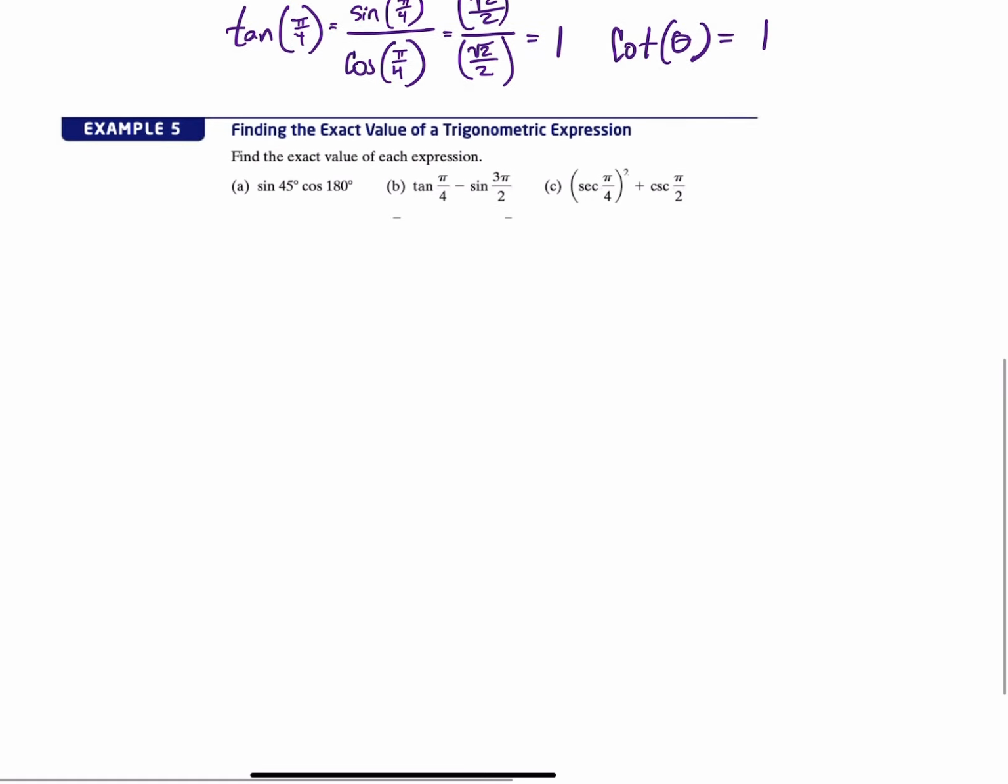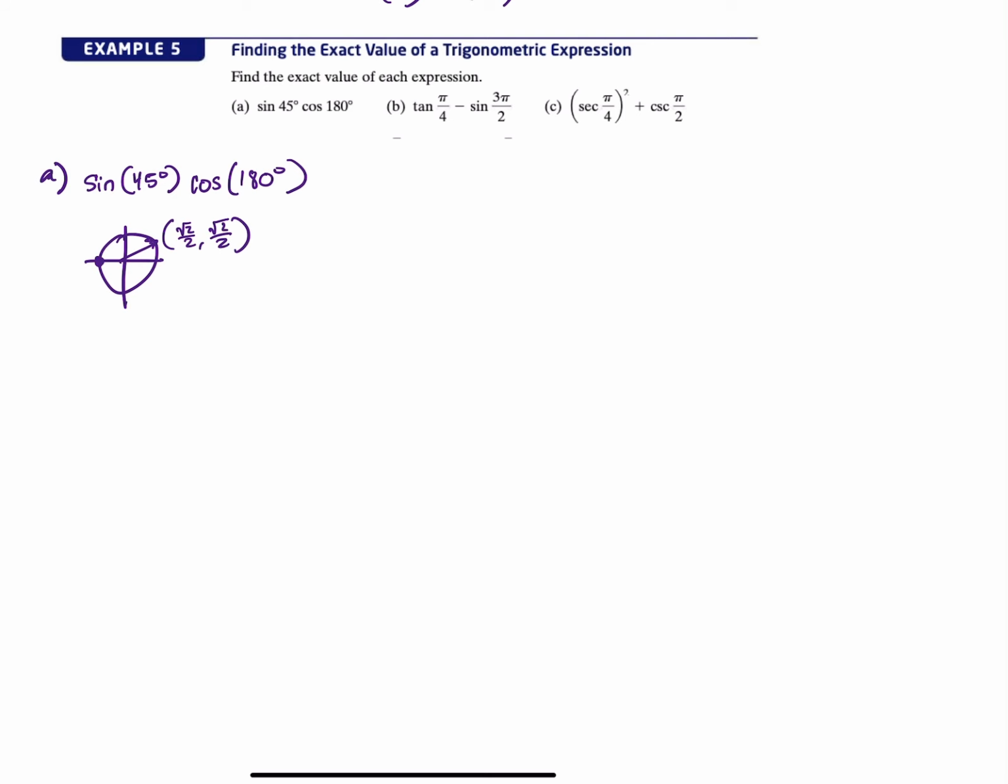All right, now let's mix a few things together. So this is example 5. So looking at part A, we have the sine of 45 degrees times the cosine of 180 degrees. So 45 and 180. Let's just think about what those 2 points will be. So we have a circle. 45 we just said was root 2 over 2, root 2 over 2.